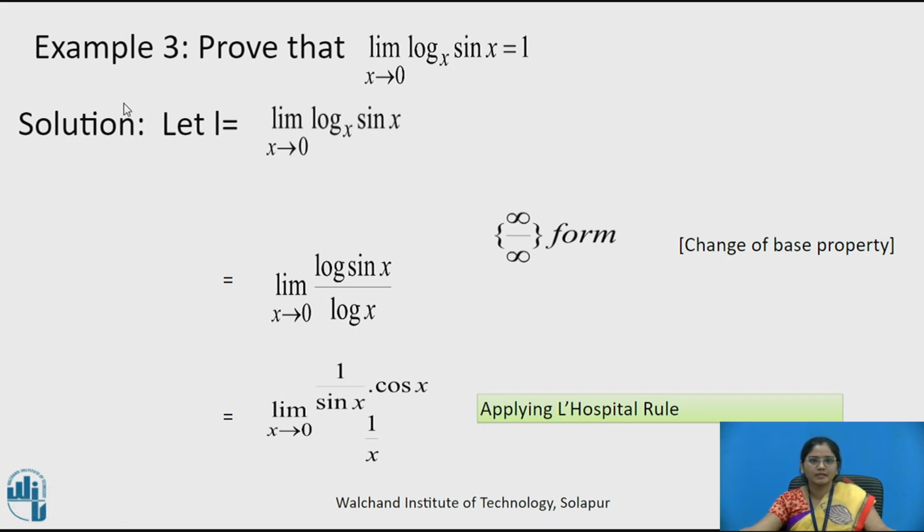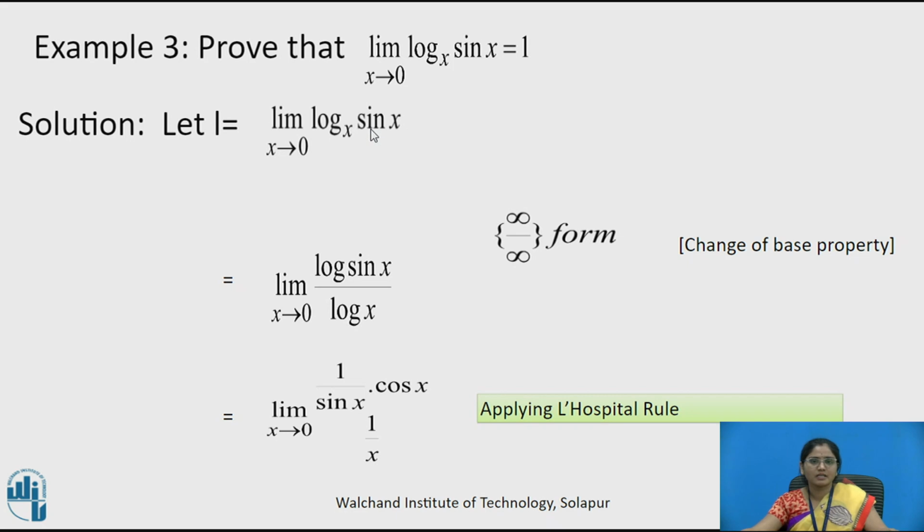Now, third example, take down. Here you have to prove that limit x tends to 0 log to the base x of sin x is always equal to 1. Now, taking your LHS as I, let I equal limit x tends to 0 log to the base x of sin x.